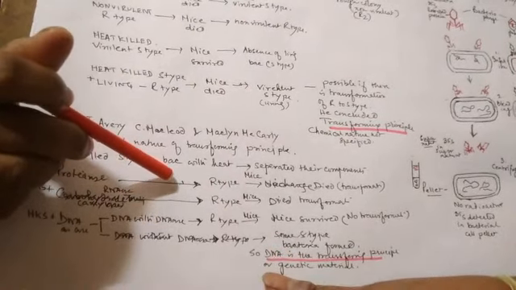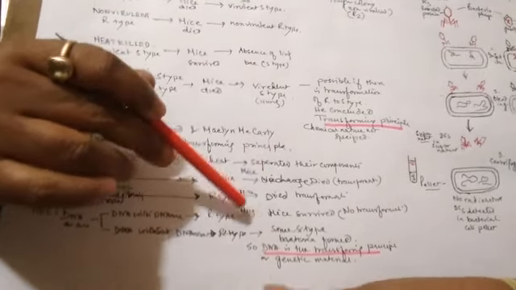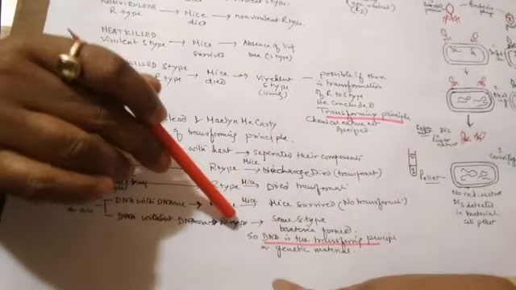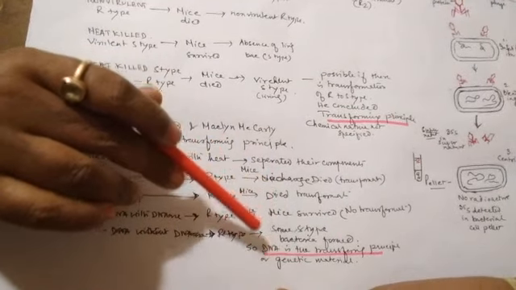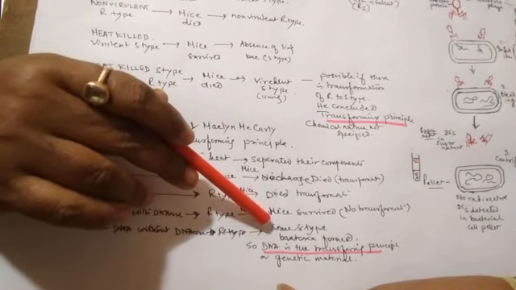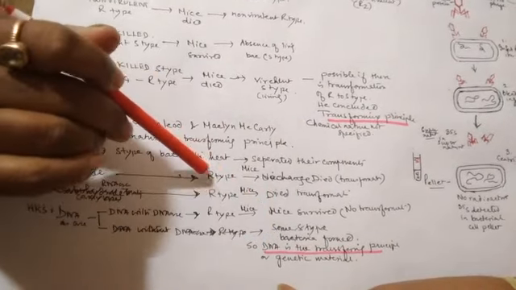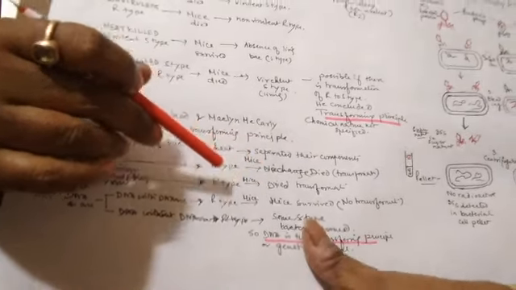So they concluded that DNA is the transforming principle which is converting the R to S, and thus they found out the biochemical nature of the transforming principle. This was found out by three scientists, Avery, MacLeod and McCarty, by using enzymes like protease, RNase and DNase.